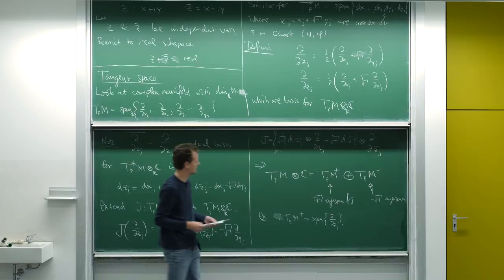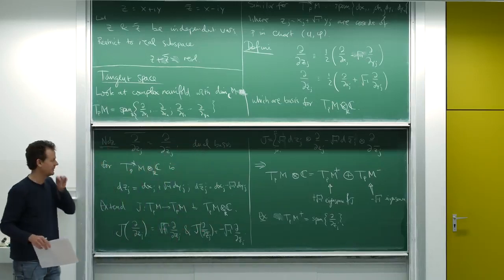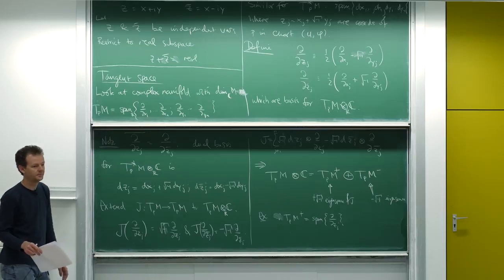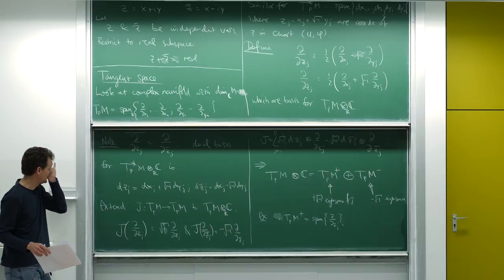It's worth checking that the eigenspace of holomorphic tangent vectors is indeed just the span of the basis vectors ∂/∂z_j.